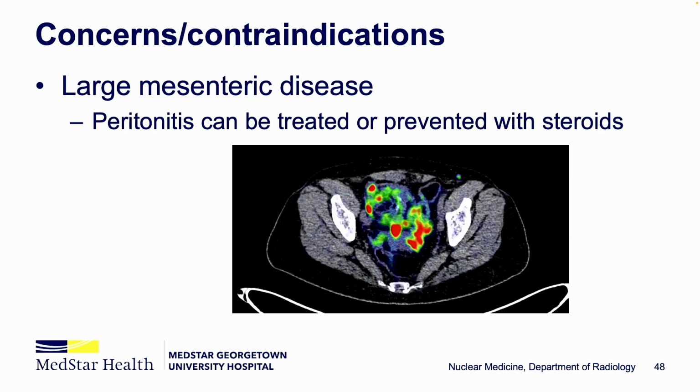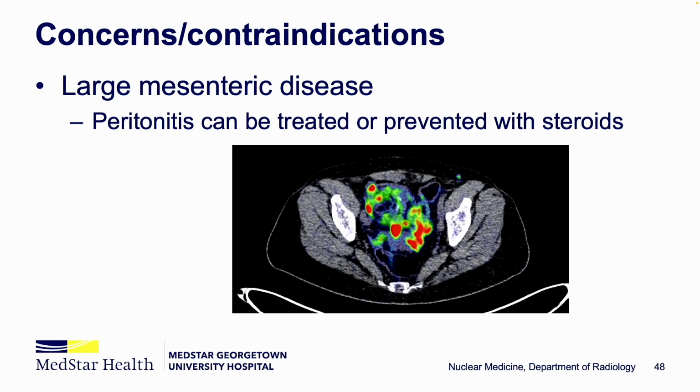Concerns or contraindications when we do the treatment. Sometimes there are patients where the presence of tumor in the abdomen is quite extensive and involves large parts of the abdomen. In those patients, there is a concern that when we give radiation, the side effects on the bowel and in the abdomen could be significant and can cause significant inflammation or peritonitis.